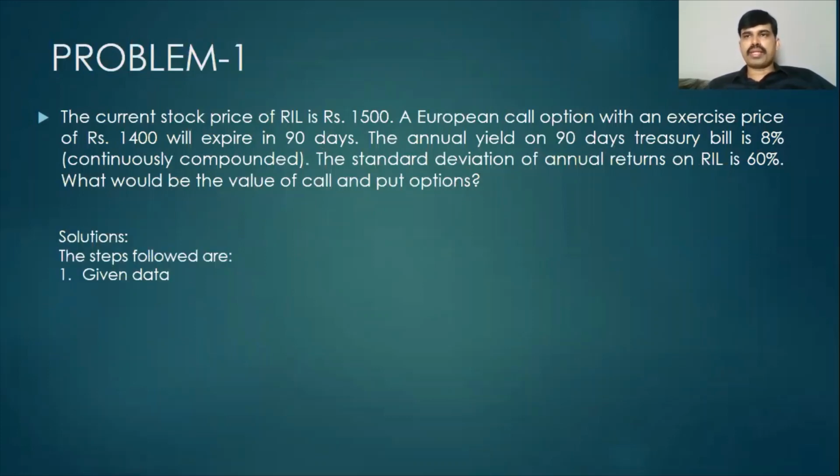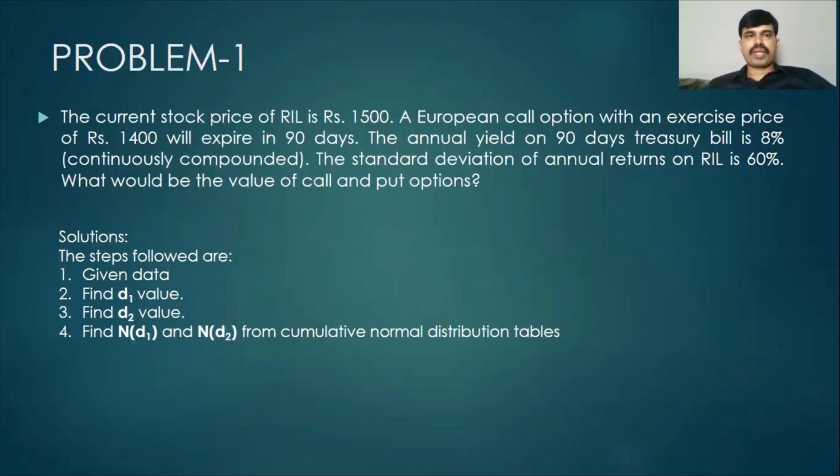The various steps that will be followed to find the value of the call as well as the put option are described as shown below. First, we note down what has been given. The second step is to find the probabilities associated with the spot price and the exercise price. So first we'll find the value of D1, then D2. Then we will find the probabilities, that is N(D1) and N(D2), from the cumulative normal distribution tables.